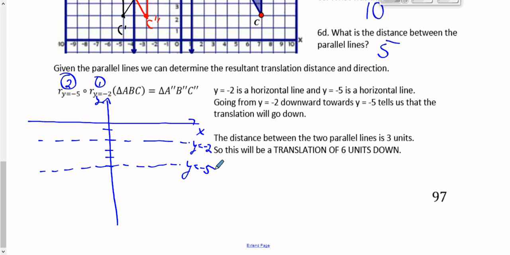So now maybe you can see, okay, it's definitely going to move up and down, right? How might we know it goes down and not up? It has more to do with the order that we're reflecting in. So if we reflect in y equals -2 first, goes here, and then in y equals -5 goes there.